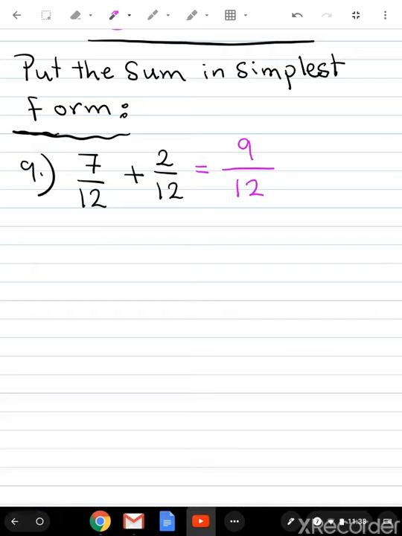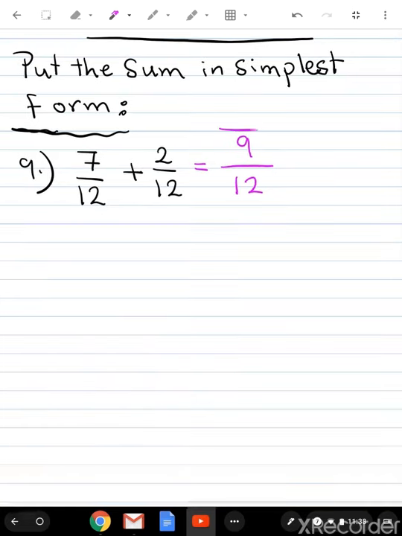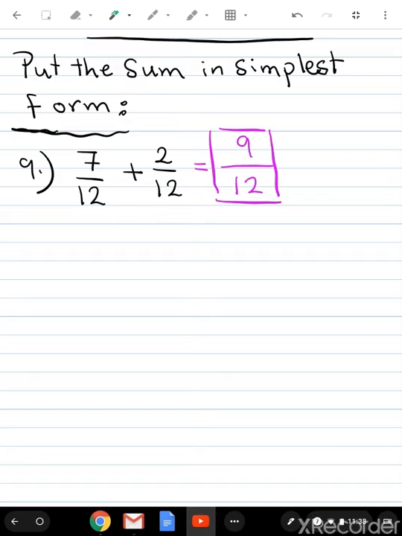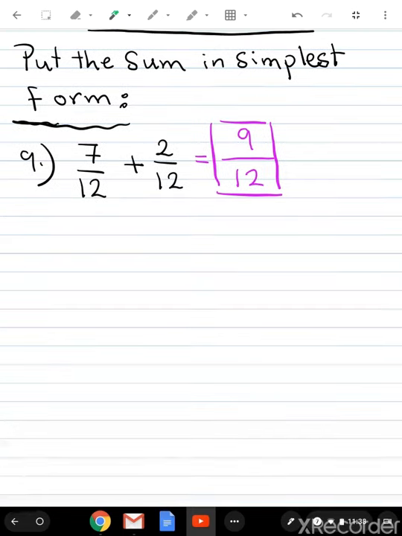How can I put this in a simplest form? What do we mean by simplest form? It means that I will get another equivalent fraction for this 9 over 12, but with smaller numbers. So how will we get this? We can do this by getting an equivalent fraction using division. We will check the 9 and 12.